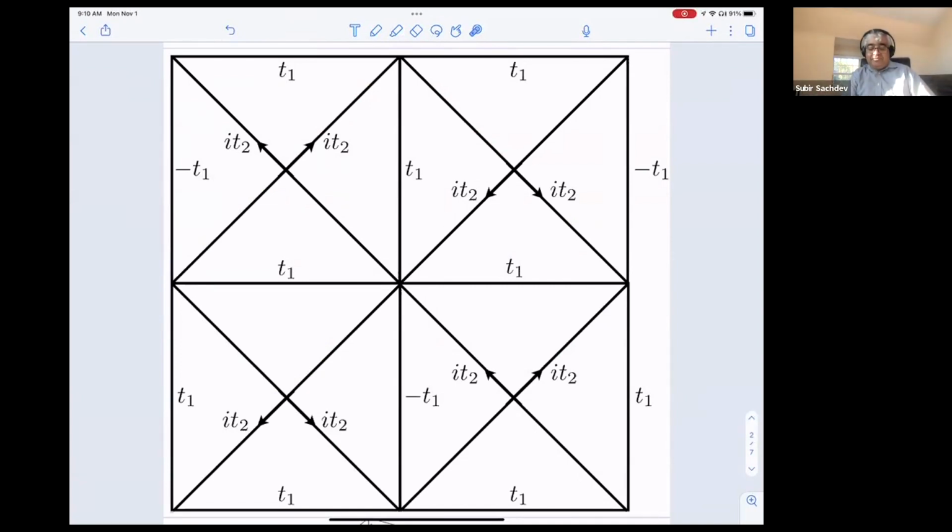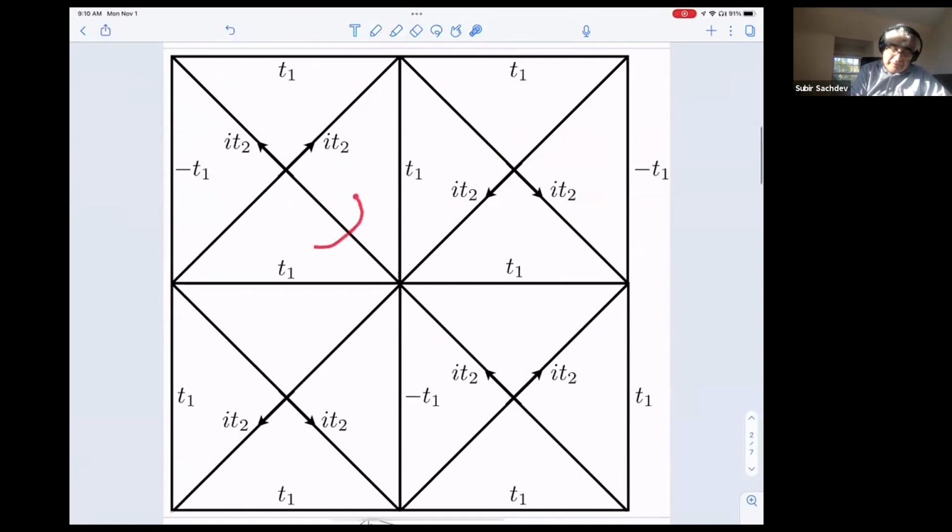So here's a mean field Hamiltonian with these hopping matrix elements. Some of them are real. I mean, the horizontal and vertical bonds are real, and the diagonal bonds are complex, imaginary. And these are all chosen so that if I go anti-clockwise around any triangle, I always pick up the net factor of minus i.